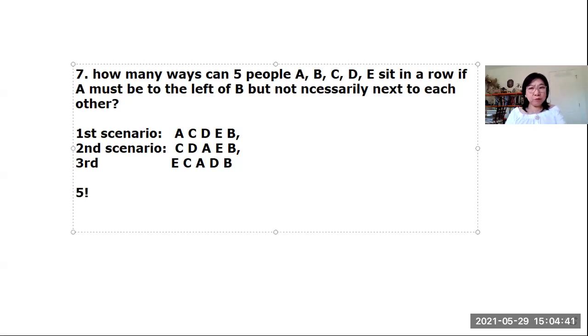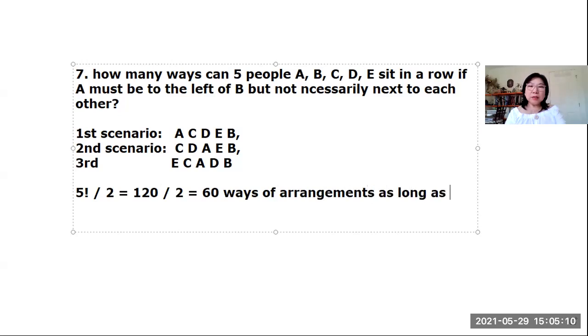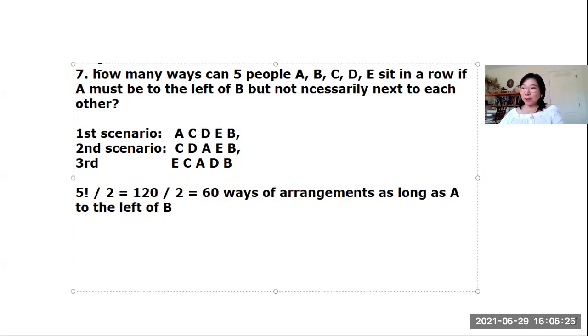However, we count halfway because A has to be on the left of person B. So we will divide by 2, which is 120 for 5 permutation divided by 2 equals 60 possible ways of arrangement, as long as A is to the left of B. Okay, so that's how you answer that question.